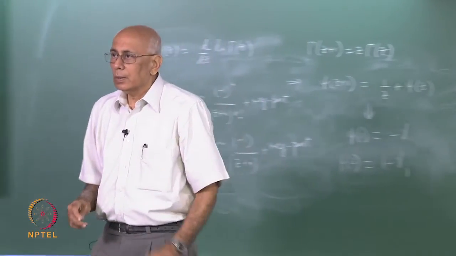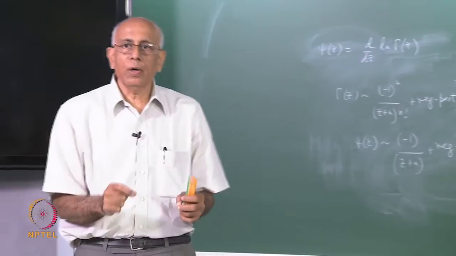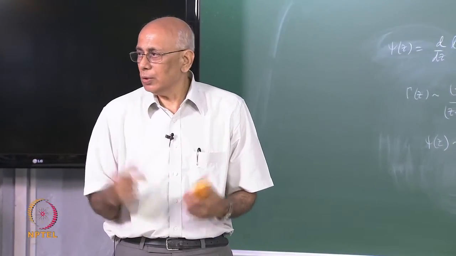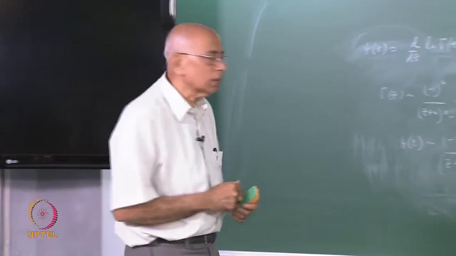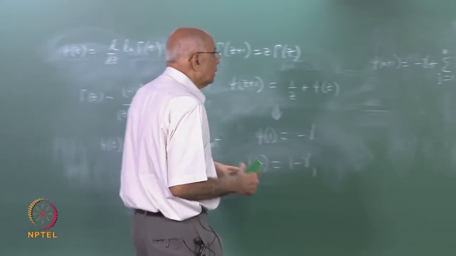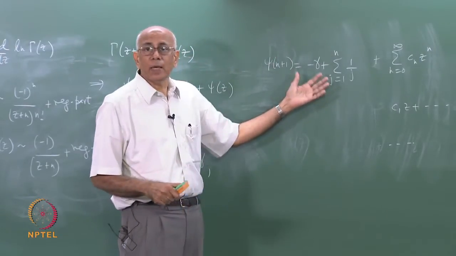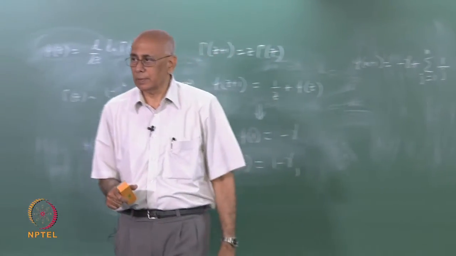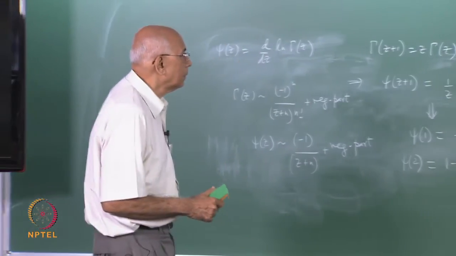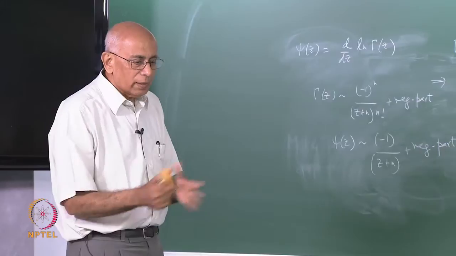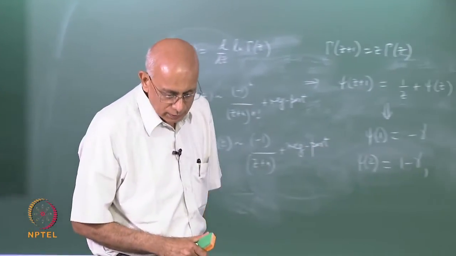Okay. You can therefore find, just as we found that the gamma function at the positive integers were all factorials of natural numbers, similarly, this psi function at all the natural numbers is minus gamma plus something or the other. So lots of identities of this kind can be established.